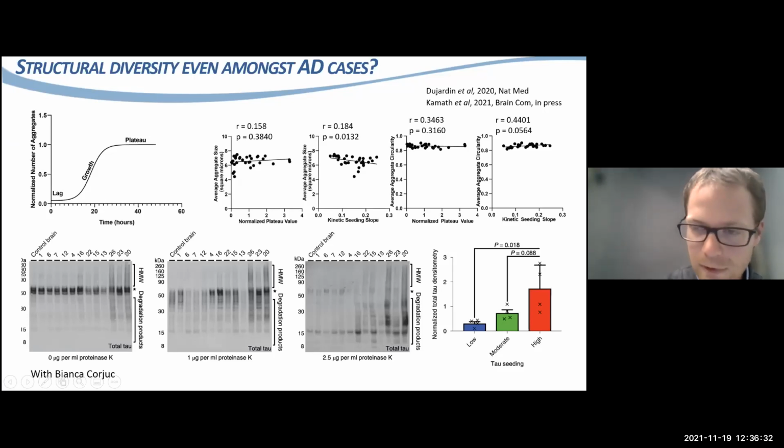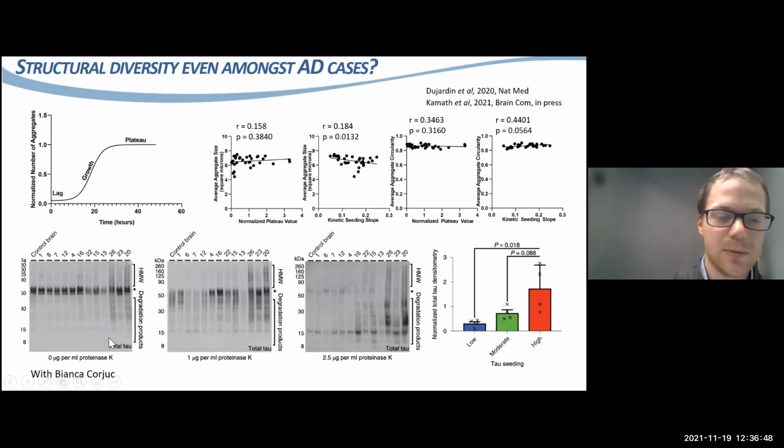And for us, this is an indication that you have structural diversity in the seeds from patients to patients. And that's something we also saw by using a protease, proteinase K.